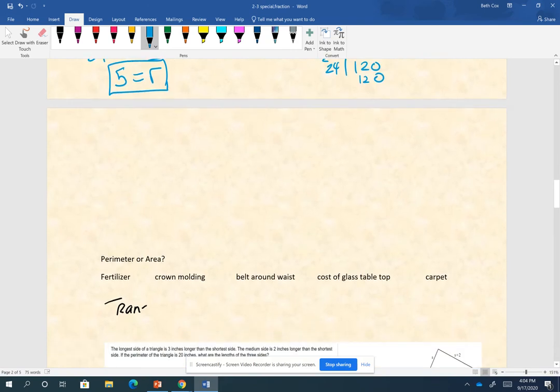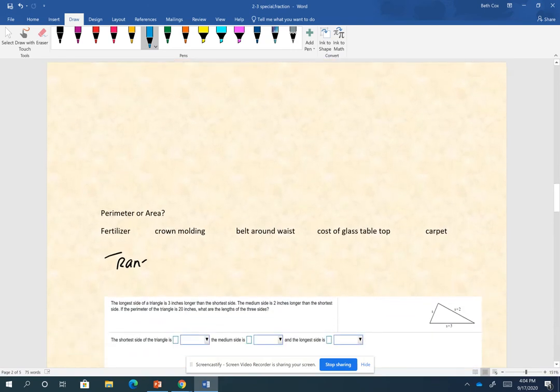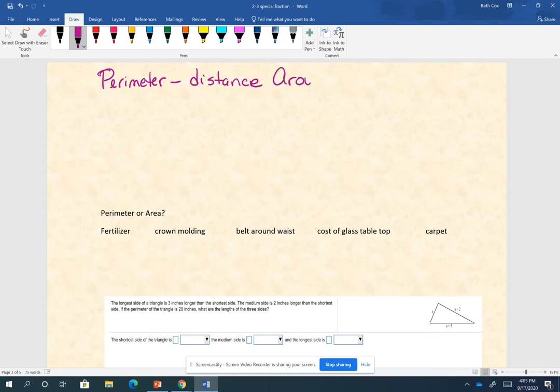Okay, so now one of the most popular formulas and concepts that we deal with is perimeter and area. All right, so let's talk about what perimeter and area are real quick. Perimeter is the distance around an object.